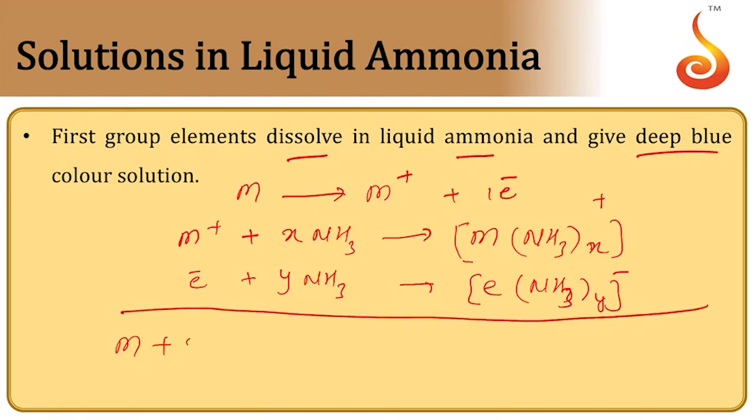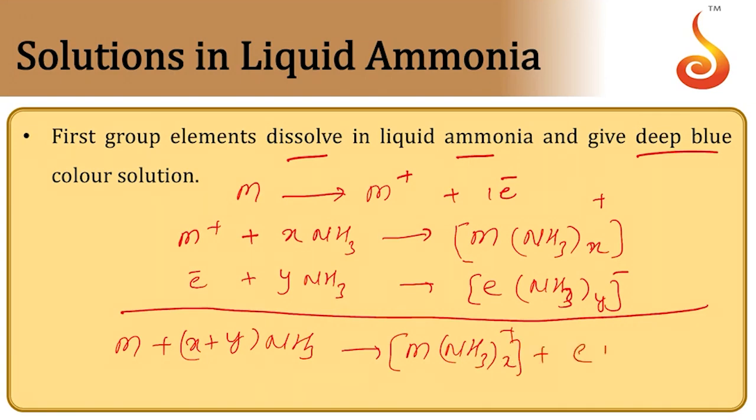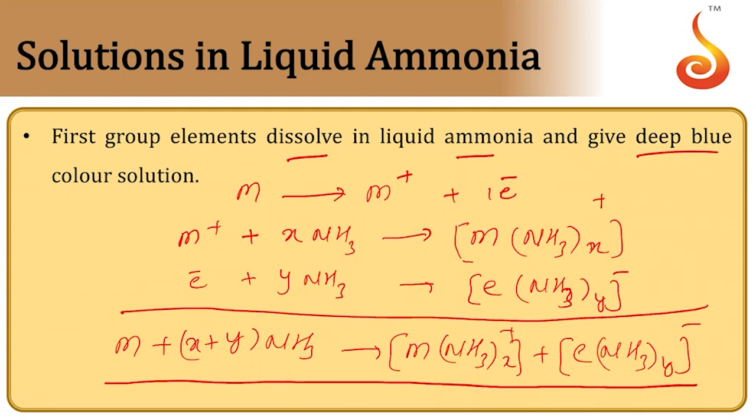So taking it all together, the metal plus x plus y moles of ammonia gives rise to M(NH3)x plus e(NH3)y.